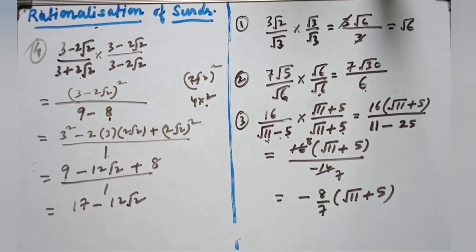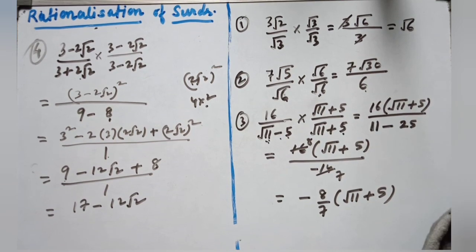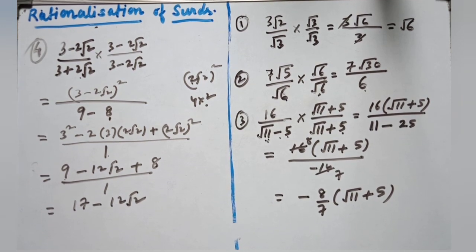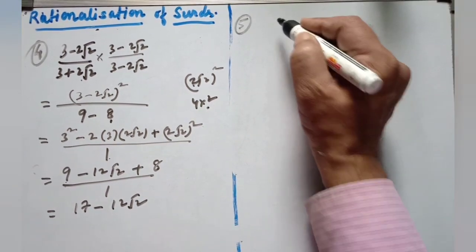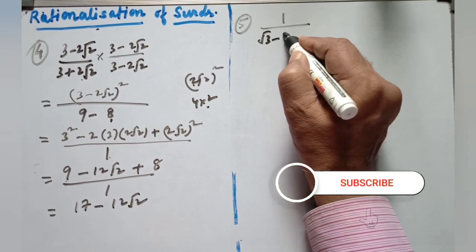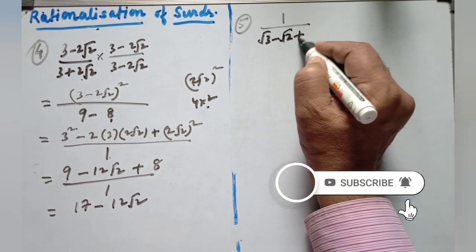Same way, sometimes we are given one expression with 3 terms in the denominator. In that case we apply this idea twice. One more example, 1 by root 3 minus root 2 plus 1.